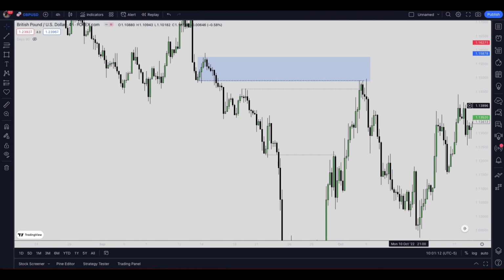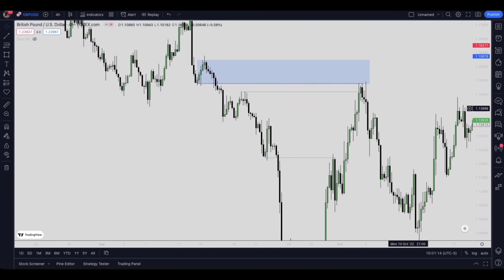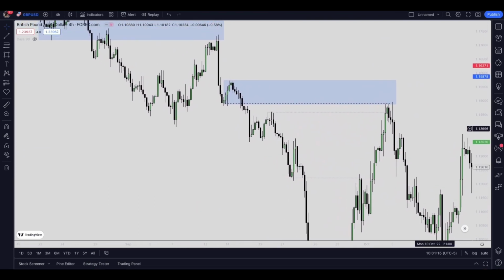Now these high resistance areas usually reside in the form of order blocks, mitigation blocks. We just use terms like order blocks to make it more understandable. You can see the moment it tapped this order block, it reversed.